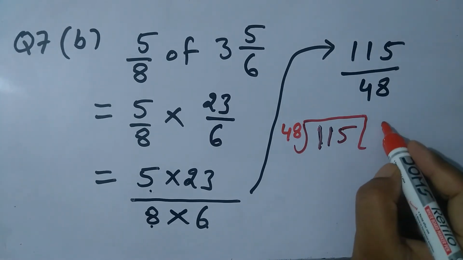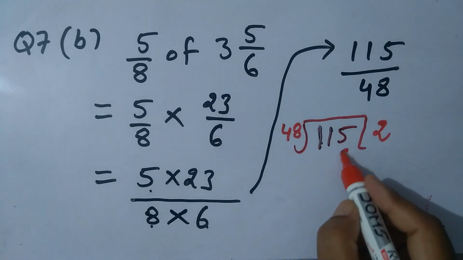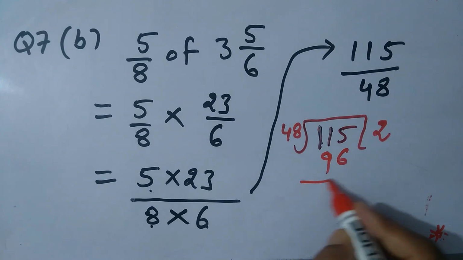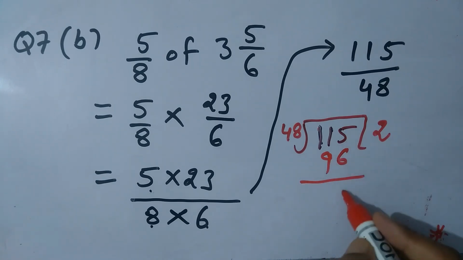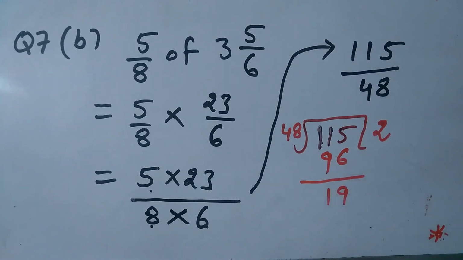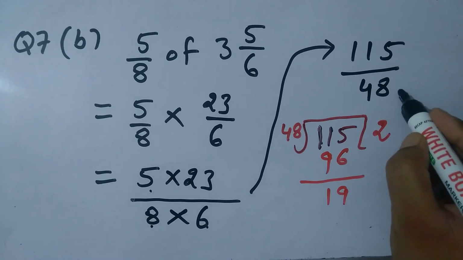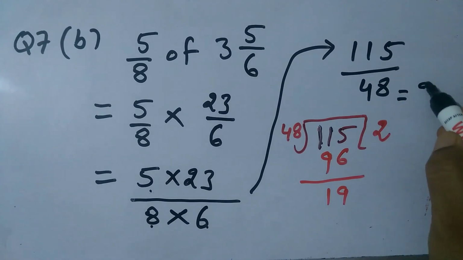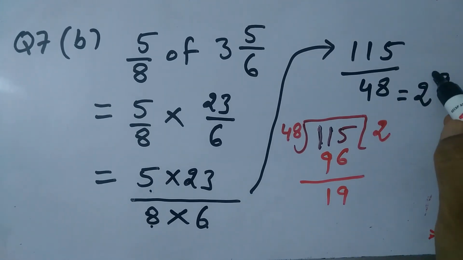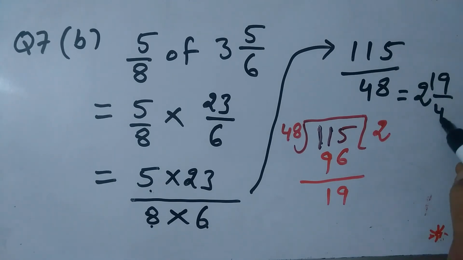So 48 into 2 is 96. Remainder is 19. Okay. So how we write the answer? Answer is equal to 2 and 19 divided by 48.